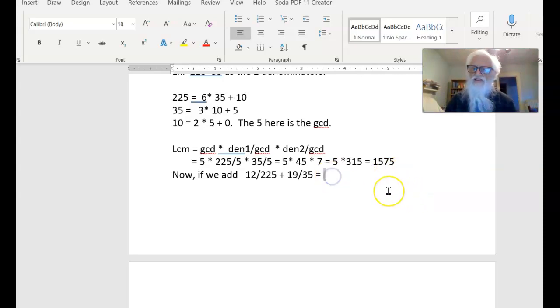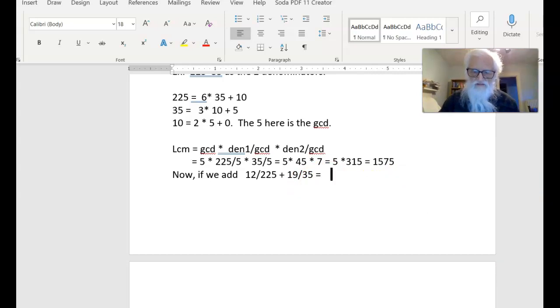Okay, so what I have to do now is figure out how to do the arithmetic here. So let's see. What I'm looking at, I have to convert this to 1575 in both cases.